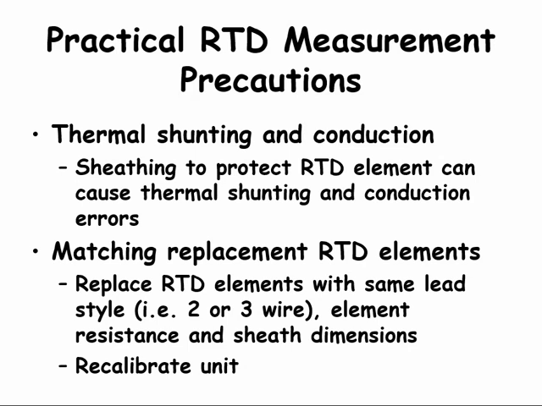So if you have to replace an RTD, you will need to calibrate the unit. You probably should always recalibrate any measurement system when you replace the sensor. Also note that the type of wiring needs to be consistent between the old and new RTD. So if you have a two-wire RTD, you have to replace it with a two-wire RTD.